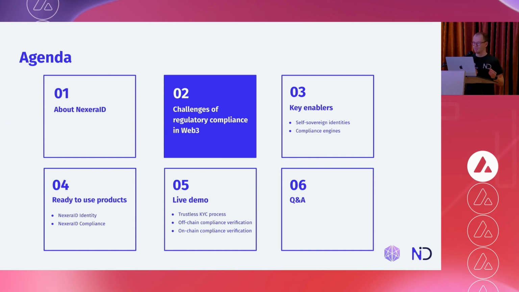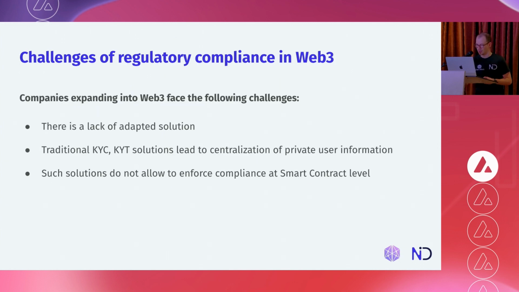Well, this type of regulatory compliance very soon will be coming to Web3 as well, and companies that are operating with the help of smart contracts will need to implement the same types of regulatory compliance rules sooner or later. And this brings many challenges to Web3 companies on one hand, and then to Web3 users as well. So let's have a look.